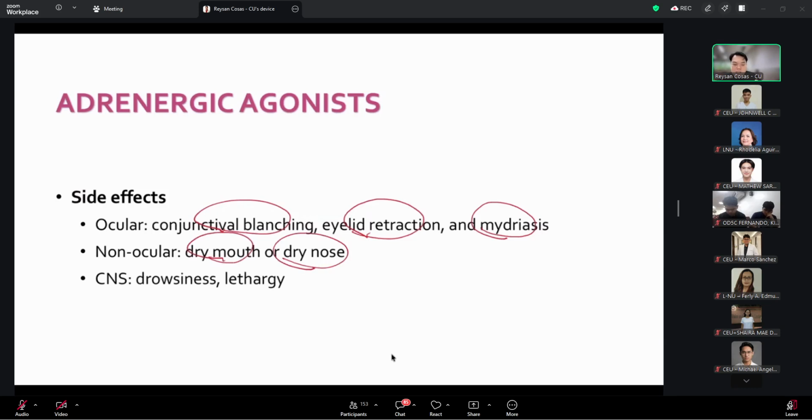For the systemic side effects, nabanggit ko na to during autonomic drugs, they can cause drowsiness and lethargy. So that ends the adrenergic agonists. Again, hindi na po masyadong ginagamit yung mga non-selective, but they have almost the same use with the selective adrenergic agonists.